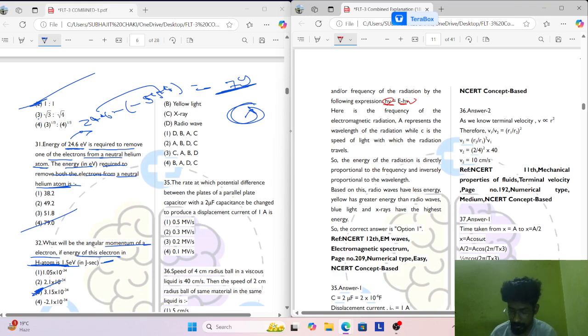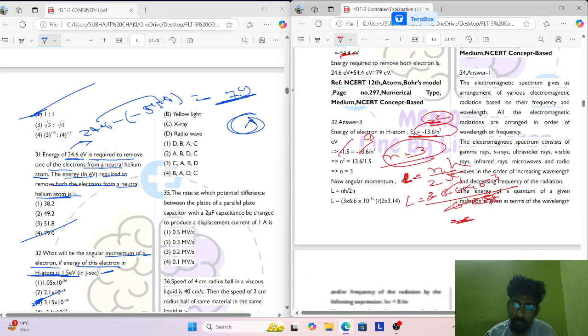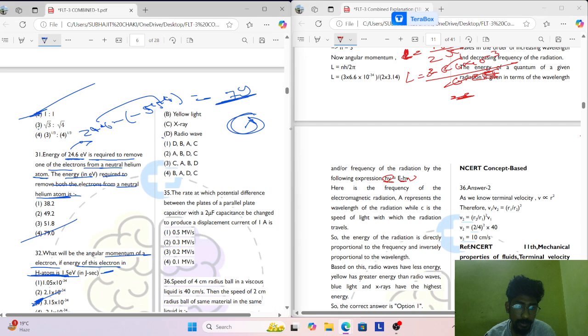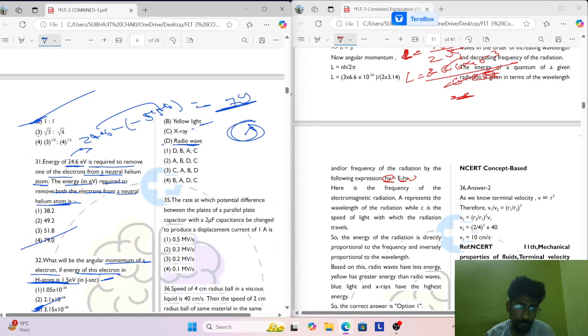Out of all of this, if you see, radio wave, then yellow light, then blue light, then X-ray.